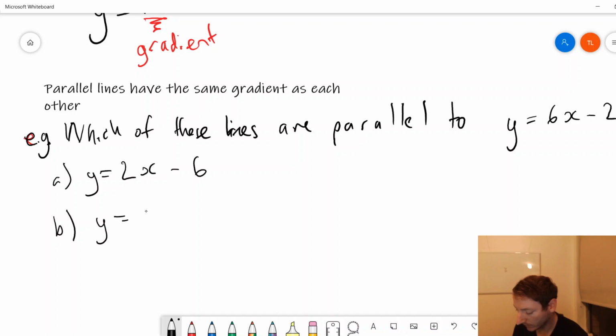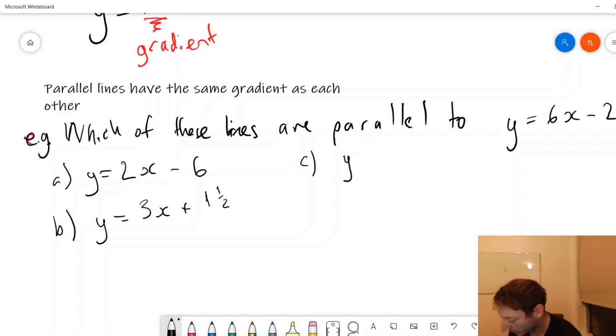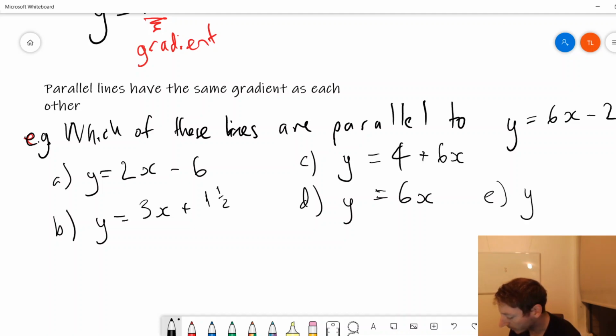B, y equals 3x plus 1.5. C, y equals 4 plus 6x. D, y equals 6x. And one more, why not? E, y equals 6x plus 8.